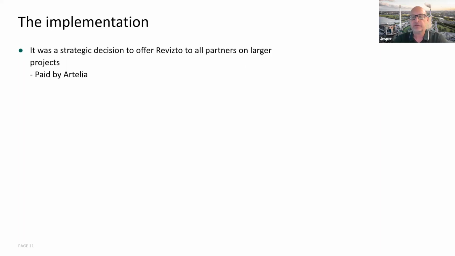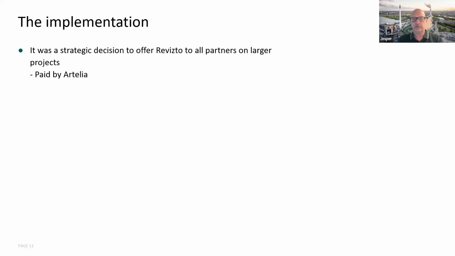So when we started the process, we identified that it was not only that we were going to use Revizto, but overall, we said, okay, because this is going to be so beneficial to us, we will be offering this to partners on the project, paid by Artelia.